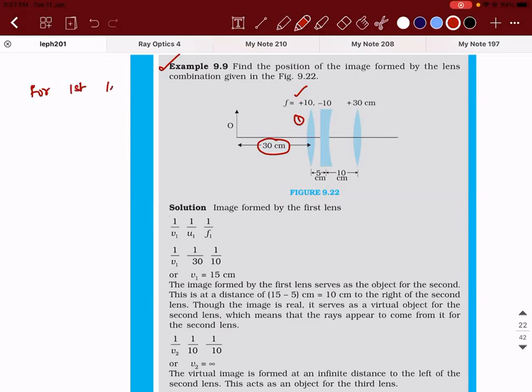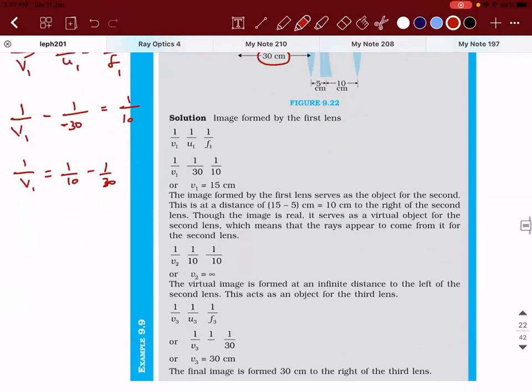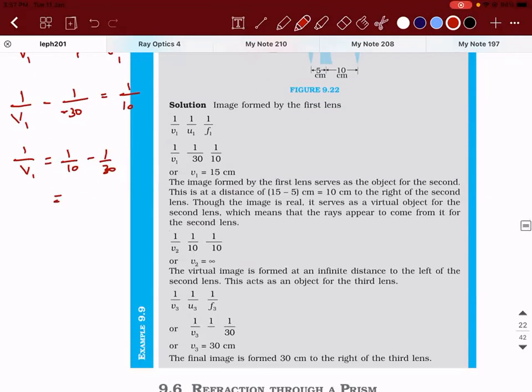For the first lens, 1/V1 minus 1/U1 is equal to 1/F1. So V1 is unknown, U1 is minus 30, F1 is plus 10. So 1/V1 is equal to 1/10 minus 1/30, so (30 minus 10) divided by 300 is 20 divided by 300, which goes 15 times.